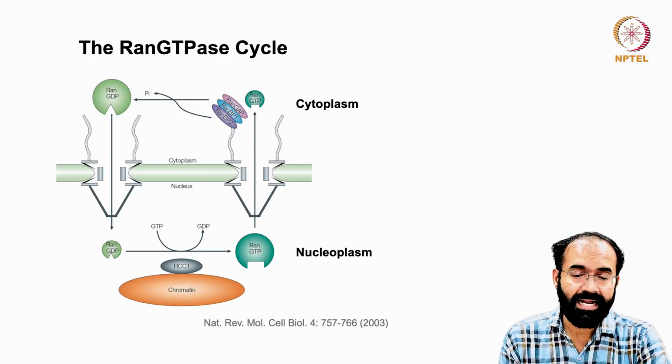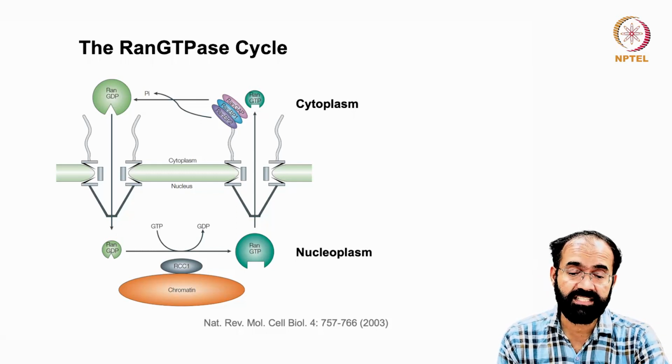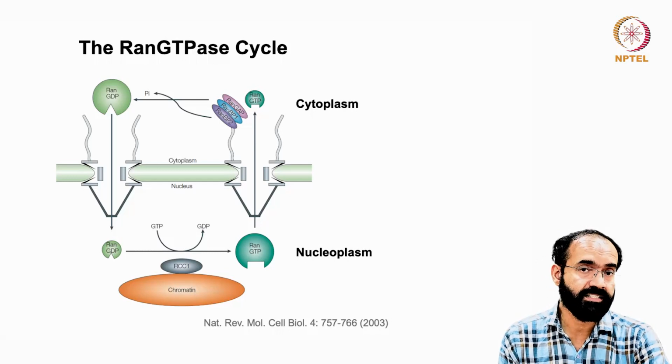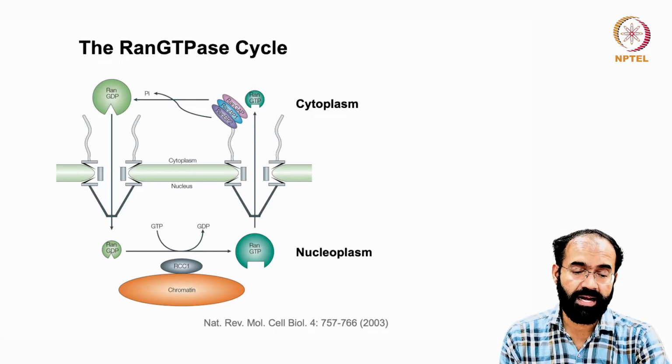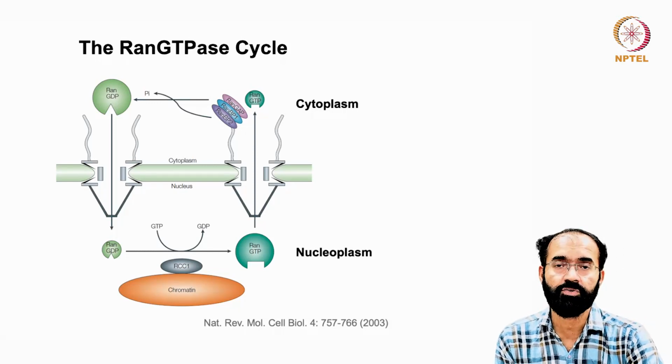So this Ran GTP further will be converted into Ran GDP with the help of a bunch of exchange factors, and again the Ran GDP concentration will be maintained. And because Ran GDP concentration is high in the cytoplasm, it will get easy access or easy demand into the nucleus, because the nucleus has a low level of Ran GDP, and it is maintained low because this Ran GDP is converted into Ran GTP.